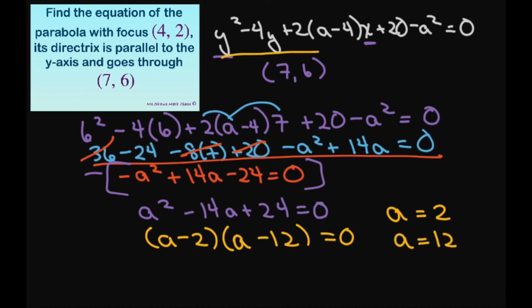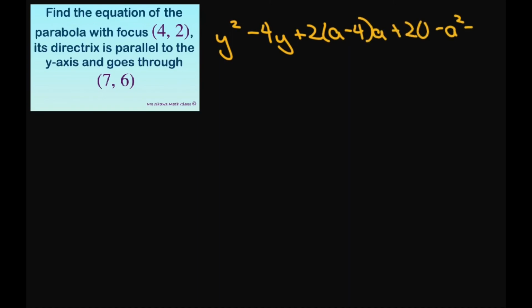Now going back to this equation, we're going to substitute in our a equals 2 and a equals 12. So again, I'll write this equation down again. You have y squared minus 4y plus 2 times a minus 4x plus 20 minus a squared equals 0. Okay, so we had a equals 2 or a equals 12.